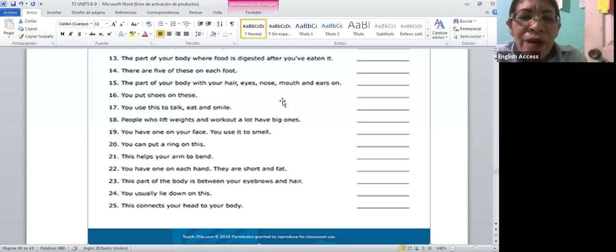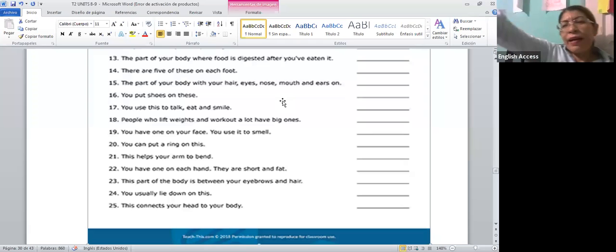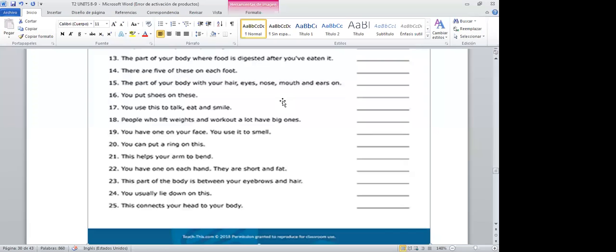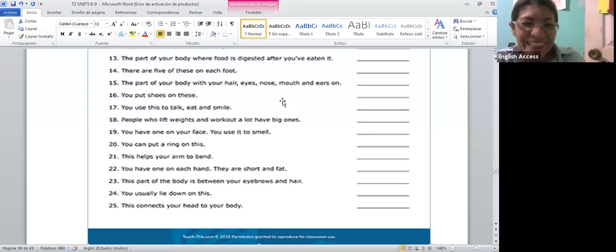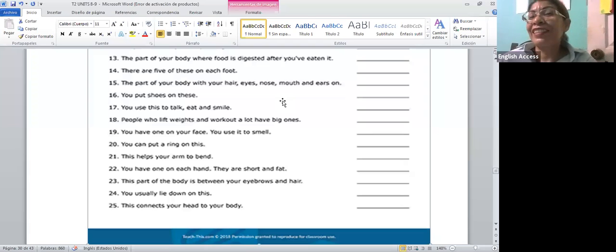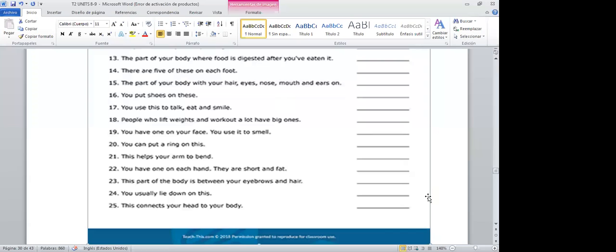This helps your arm to bend. Okay, this is my arm, and bend is like this. Elbow? Yes, your elbow. Correct. 22. You have one on each hand. They are short and fat. Thumb? Yes, your thumbs.